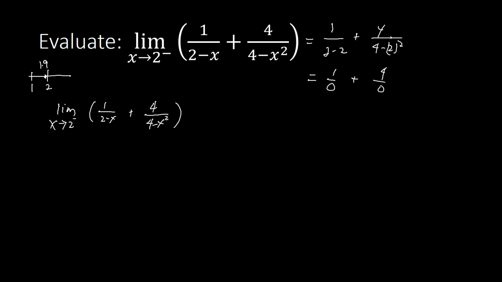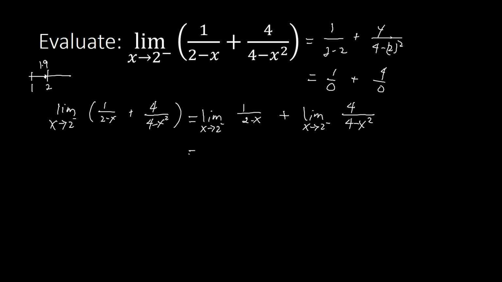So we may substitute each. Let's expand this: the limit of 1 over 2 minus x as x approaches 2 from the left, plus the limit of 4 over 4 minus x squared as x approaches 2 from the left.